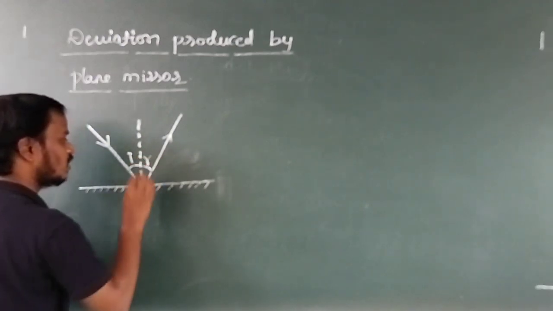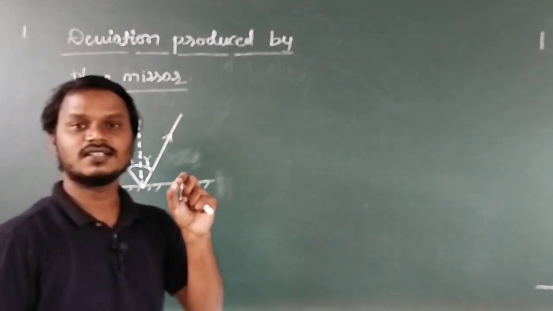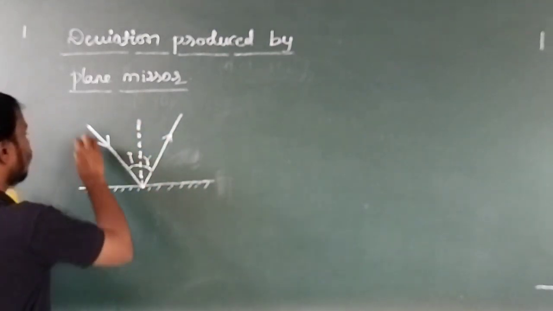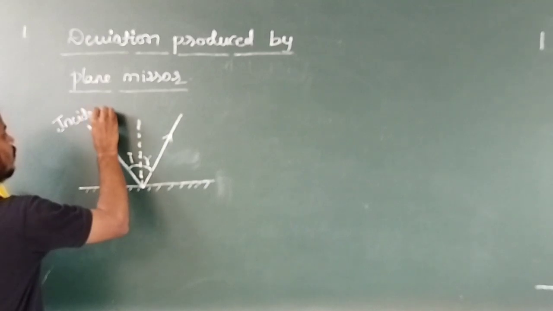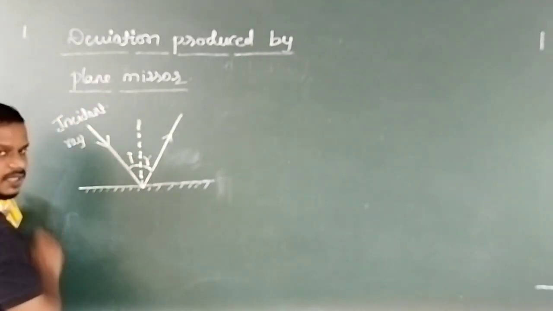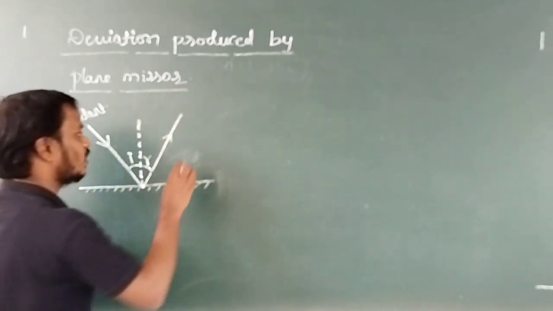The angle of reflection can be taken as r. The angle of reflection is the angle between the reflected ray and the normal. Let us take this as the incident ray, because the light is moving towards the mirror. Here the light is moving away from the mirror, so it is a reflected ray.